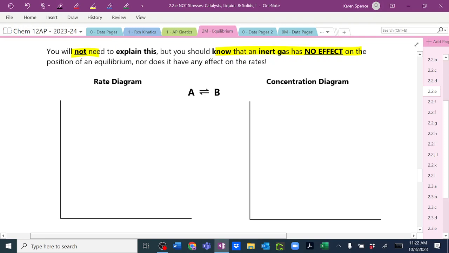Okay, could you draw a rate diagram for this? So we're going to start at equilibrium.